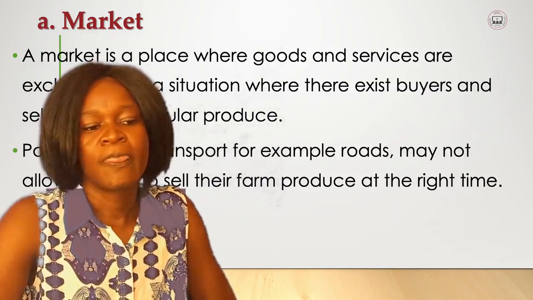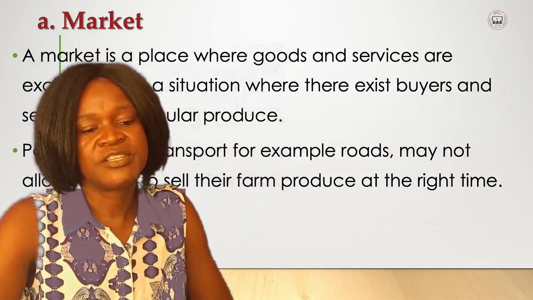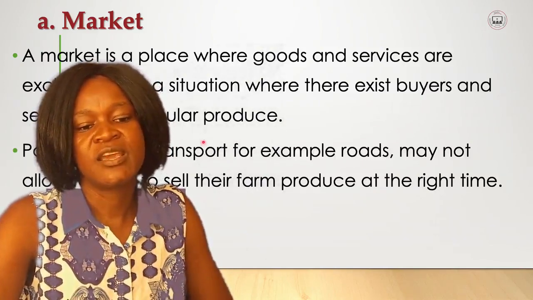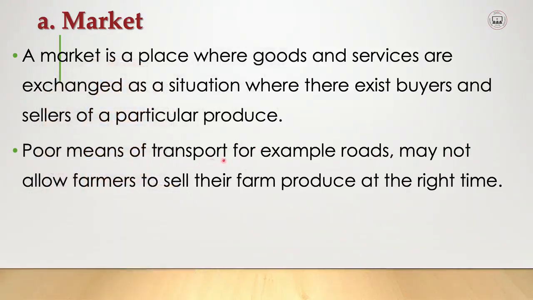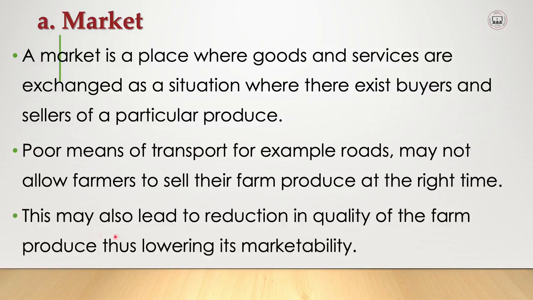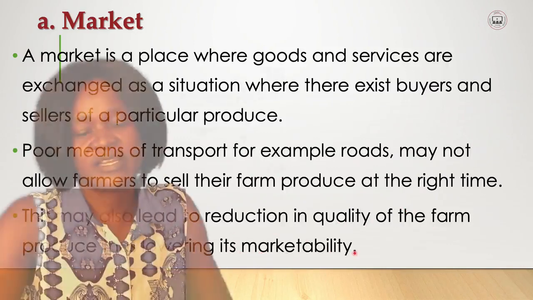But the products will need to reach the market using some means like roads. So poor means of transport, for example roads, may not allow farmers to sell their farm produce at the right time. This may lead to reduction in the quality of the farm produce, thus lowering its marketability.